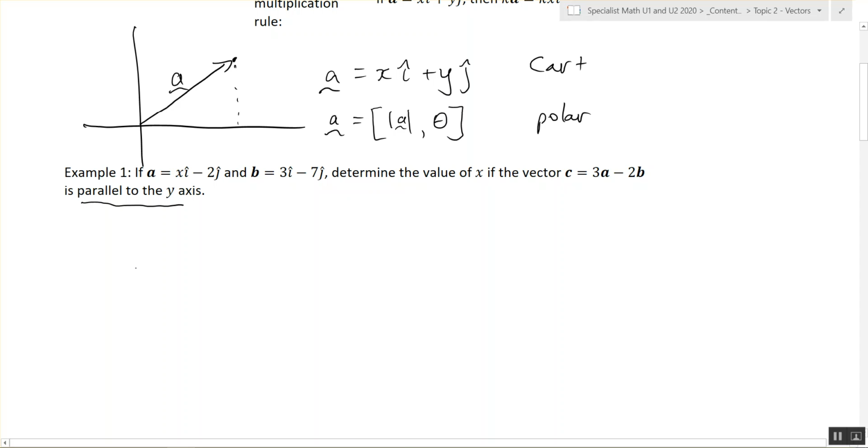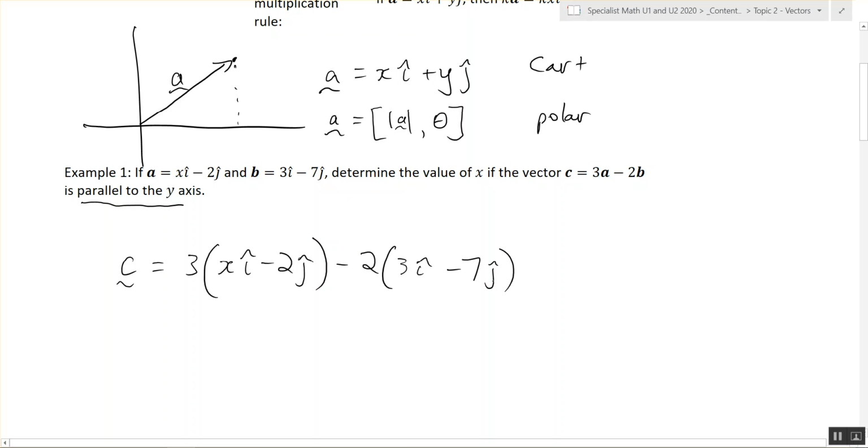So if we substitute those in, the c vector, 3 times the a vector minus, okay, and then we multiply that out. So 3xi minus 6j, right?